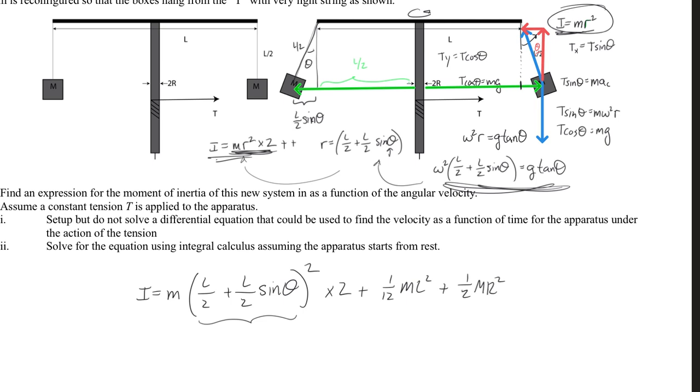Well, theta depends on how fast it's spinning. So I need a relationship that brings together theta and omega. Collecting theta in this function is not easy to do, because I've got it on this side multiplied by omega.